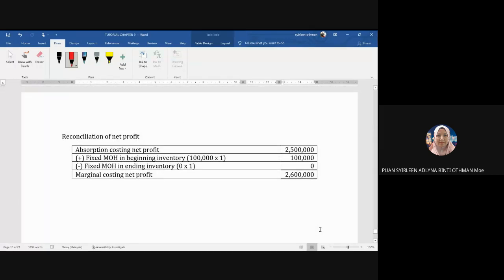Okay, and then fix is 100,000. Ending inventory kosong, so nilai dia kosong lah. So kita akan dapat your marginal costing net profit is 2,600,000. Okay, nampak beza soalan ni absorption lebih tinggi. Ada sebab lah. Okay, sebab tu you need to read the theory parts. Okay, so ini untuk tutorial, which is actually very easy.